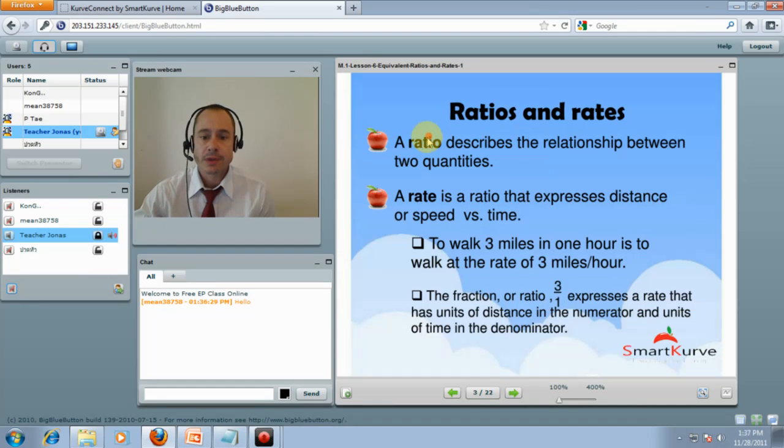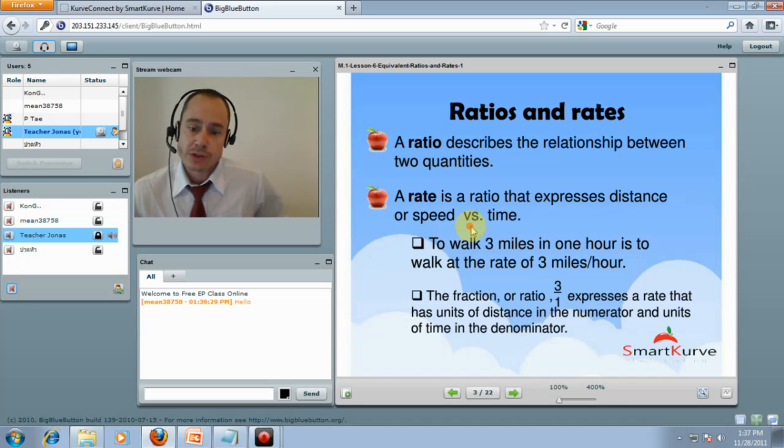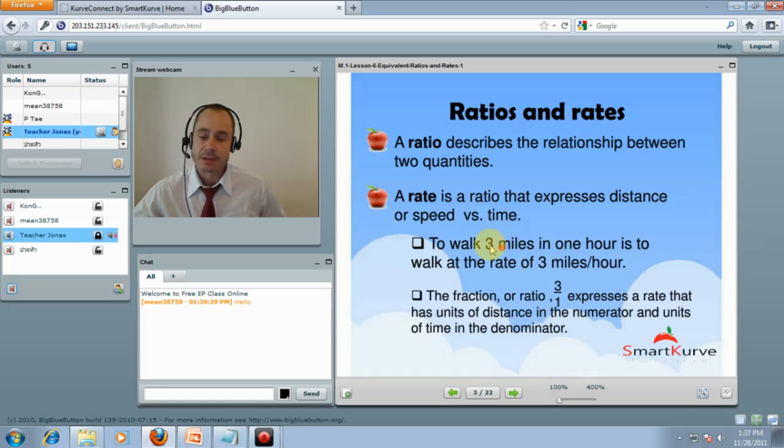First of all, a ratio describes the relationship between two quantities. A rate is a ratio that expresses distance or speed versus time. For example, to walk 3 miles in 1 hour is to walk at the rate of 3 miles per hour.